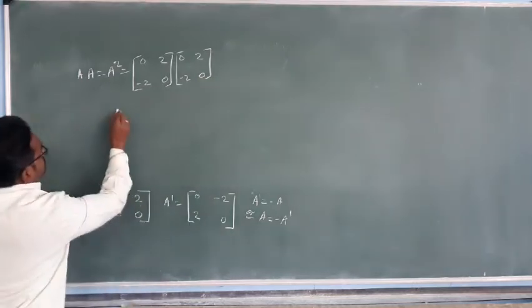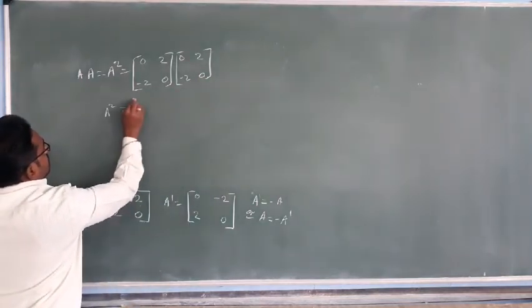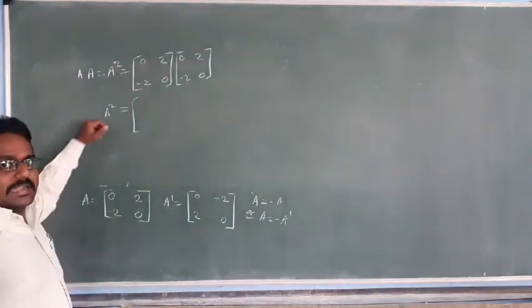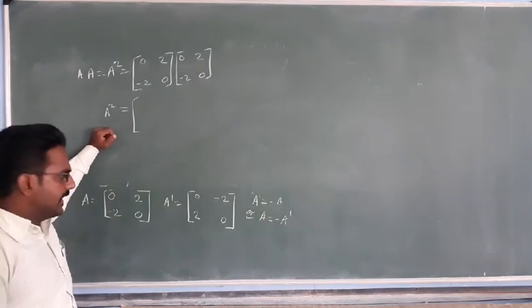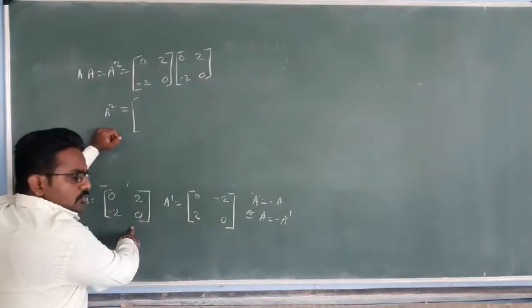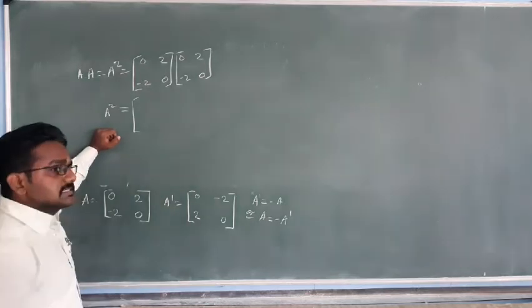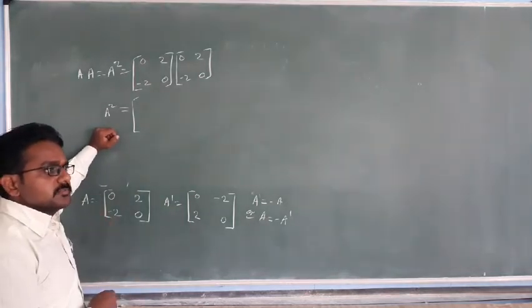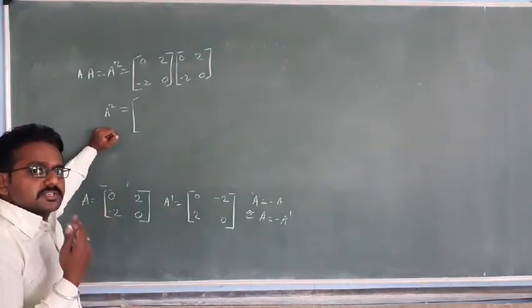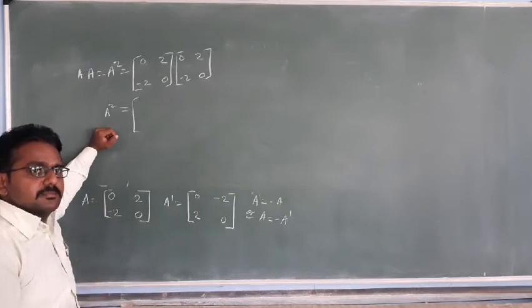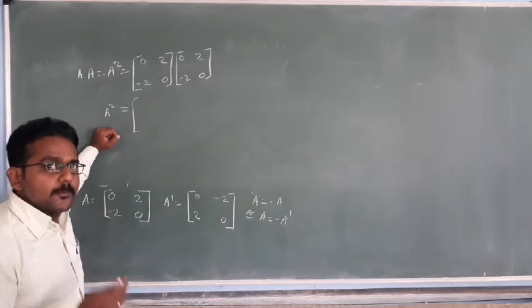Just make the product of two matrices. Is it possible? Yes, it is a 2 by 2 matrix again with the same matrix. The number of columns of the first matrix is the same as the number of rows of the second matrix, so it is possible to find the product.